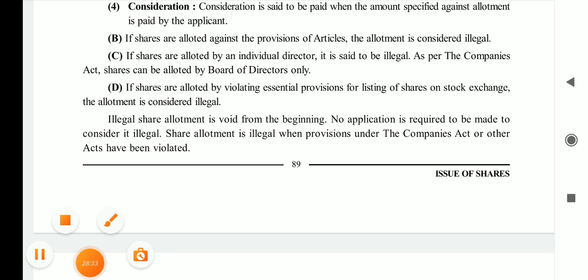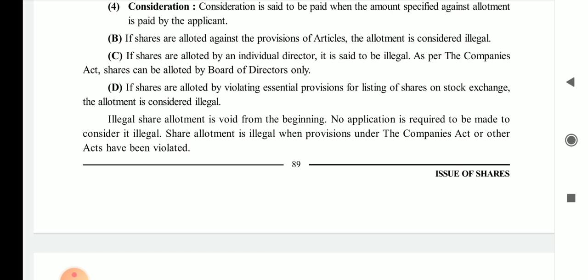Illegal share allotment is void from the beginning. Illegal allotment is already void from the beginning. No application is required to be made to consider it illegal. Share allotment is illegal when the provisions under the Companies Act or other acts have been violated.